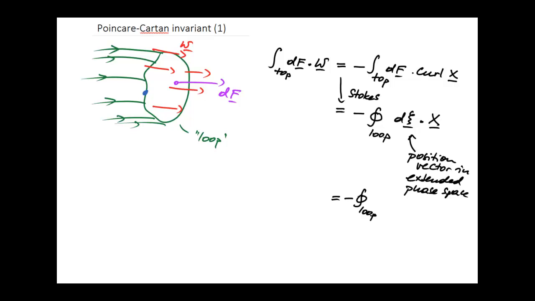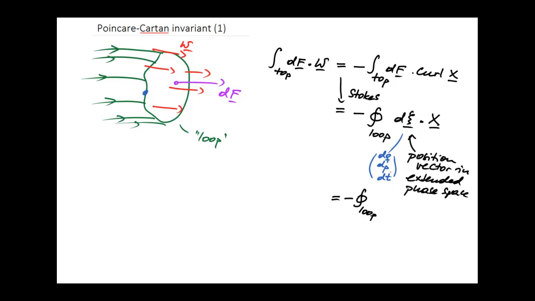What is that scalar product d psi with X? D psi, that's sort of an infinitesimal distance vector in extended phase space, and it has the components dq, dp, and dt.